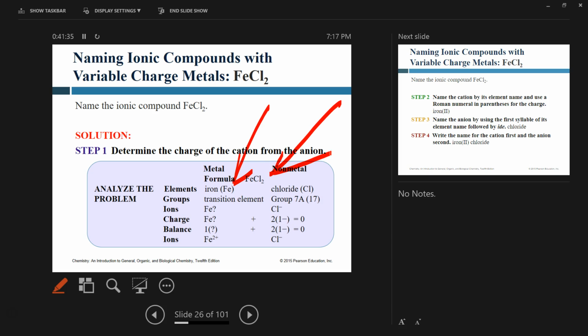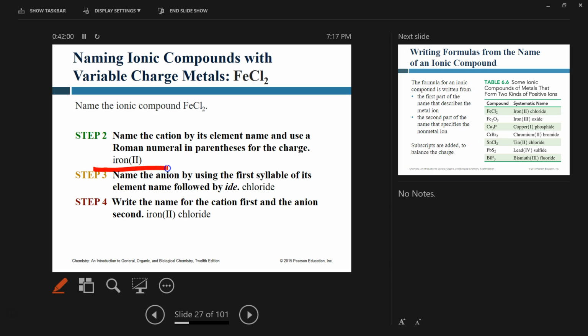You see FeCl2. You know the charge for chlorine: -1. So the total number of negatives is 2. How many irons do you need? One. So you need the charge of 2 plus on the iron. Does that make sense? So when you name it, you say iron 2 chloride.